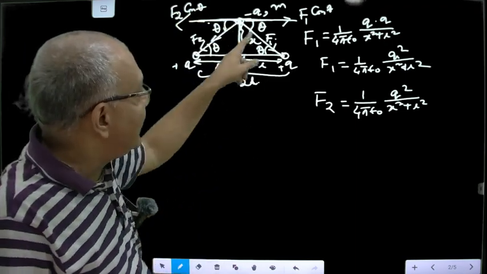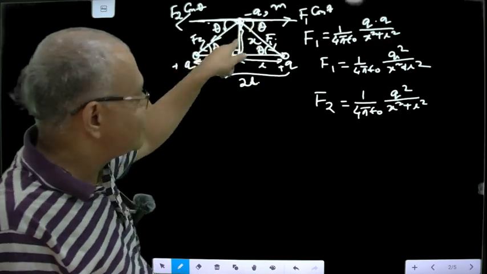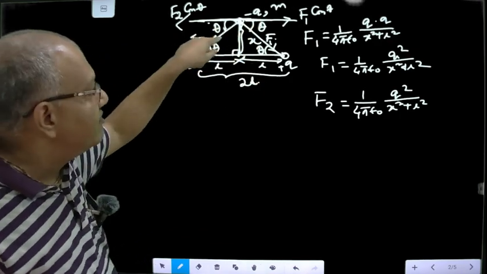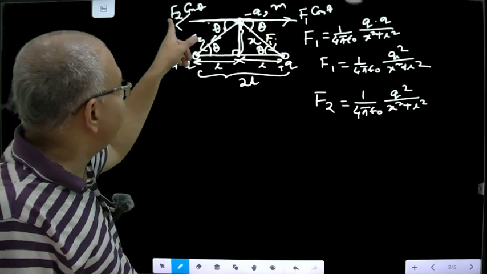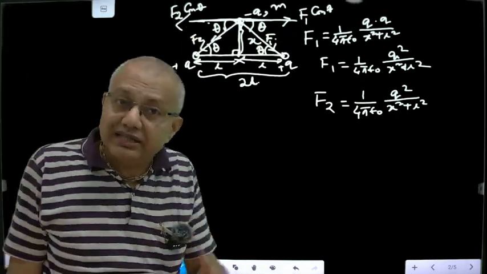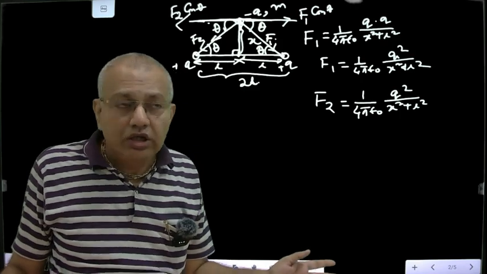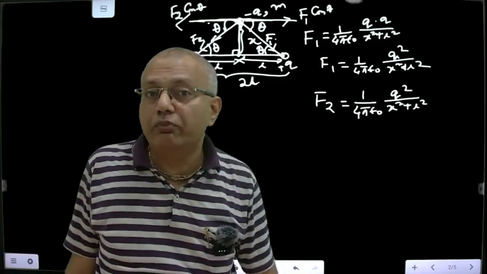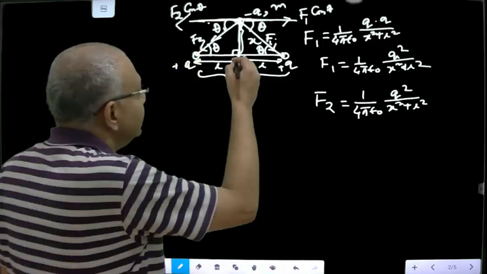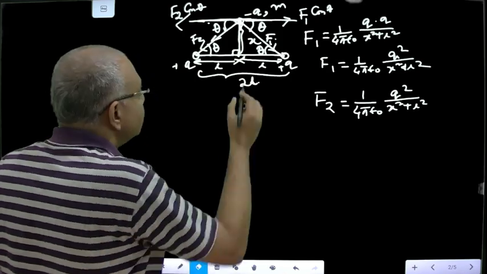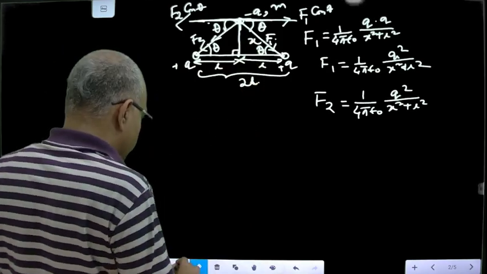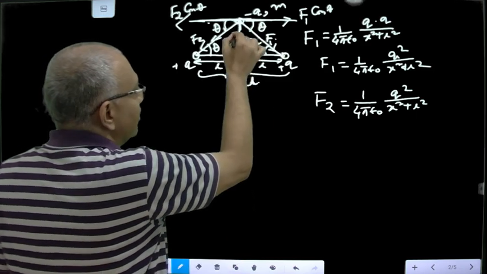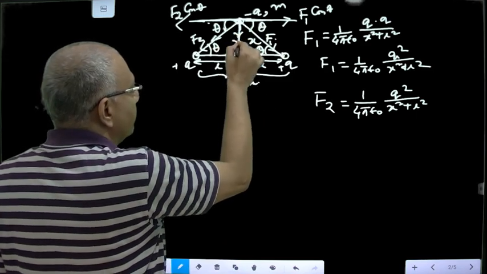Since this theta is symmetrically the same, F1 cos theta and F2 cos theta get cancelled out. So the cos components are cancelling out. Are the sine components cancelling? No, the sine components are not cancelling. So finally, what should be the force? F1 has a component in this direction, F2 has a component in this direction.